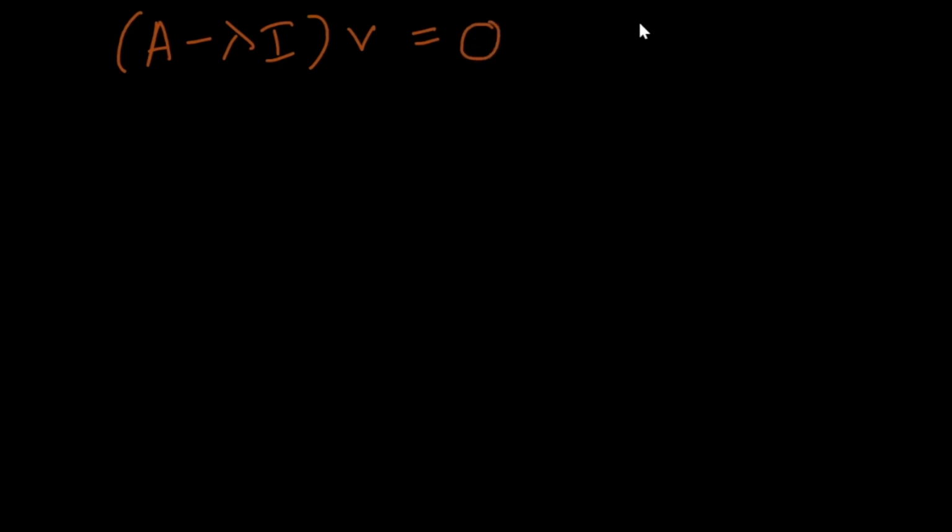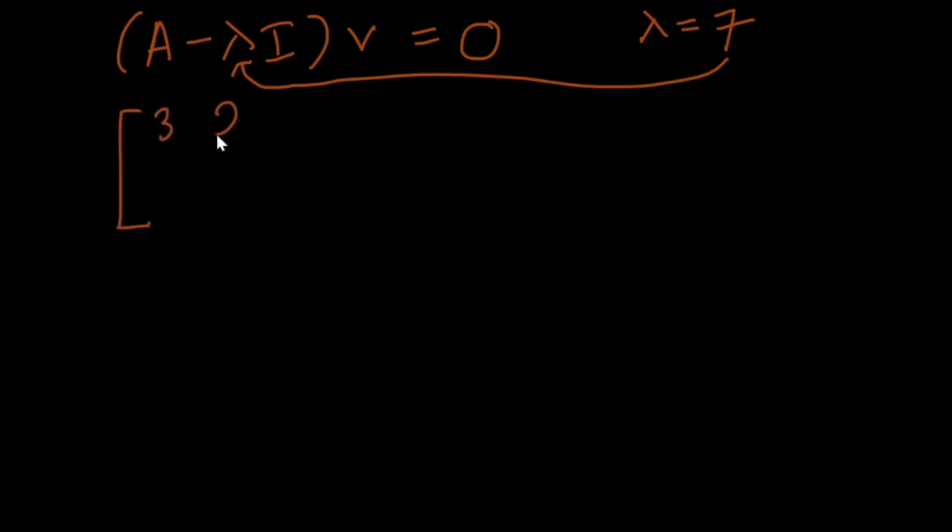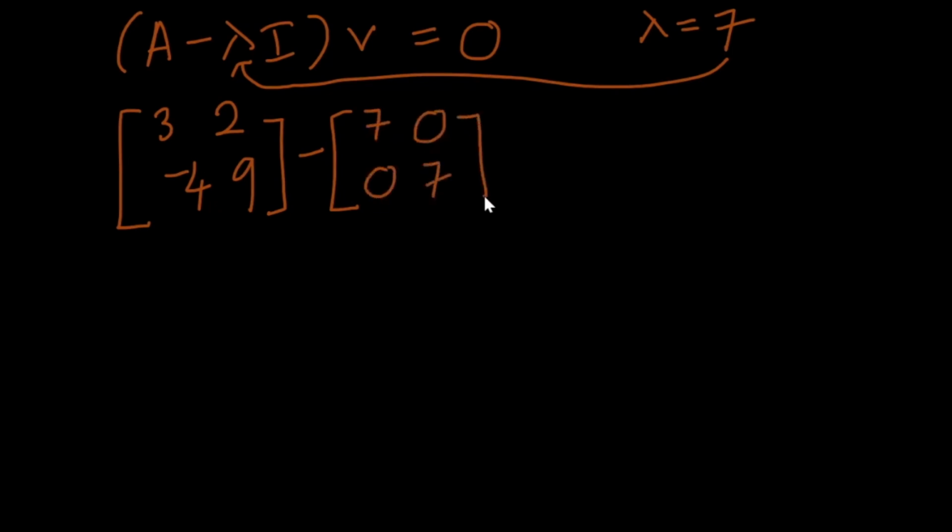Now, when lambda is equal to 7, we substitute the values of 7, the identity matrix and matrix A. We have [3, 2; -4, 9] minus lambda multiplied by the identity matrix, which would be 7, 0, 0, 7.